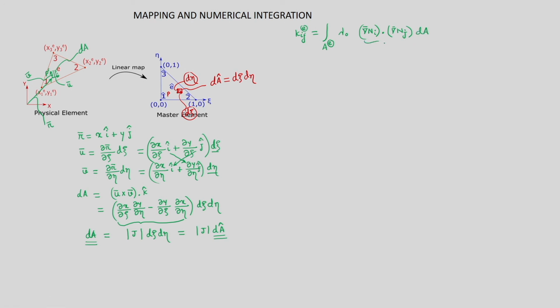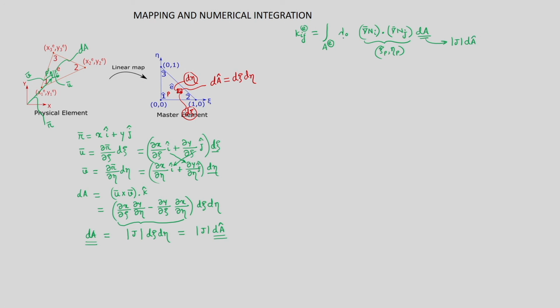So this we have already found out how to calculate at a given point xi p, eta p in the master element. dA has been related to the corresponding area in the master element using determinant of Jacobian times dA hat.